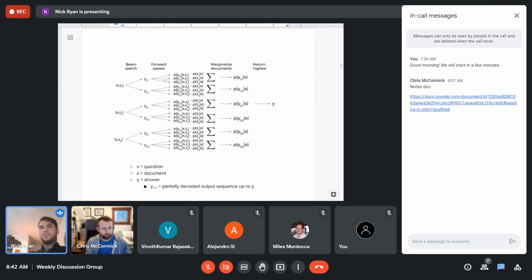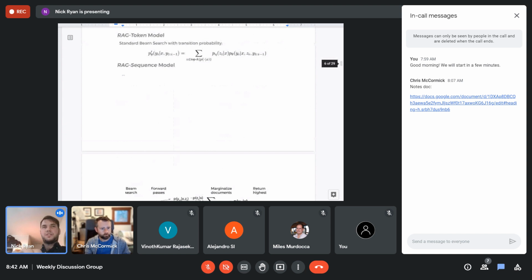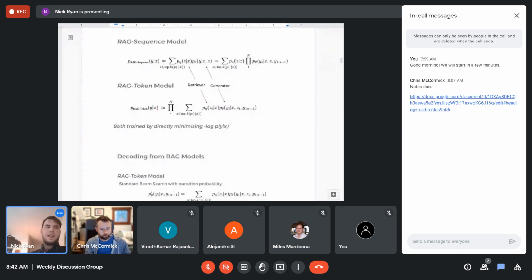They do a pared down version of this because it's so onerous, where they eliminate some of these probabilities having to be computed, and they just set them to 0 and there's minimal loss. So RAG token is more expensive. And in the outcomes, I can't remember which has the edge. It might be RAG token, but they're pretty similar in terms of scoring on different benchmarks. And I'm not sure, it really might depend dataset to dataset.